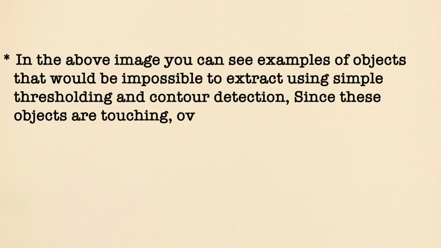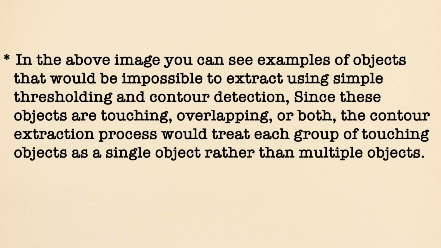In the above images, you can see examples of objects that would be impossible to extract using simple thresholding and contour detection. Why can we not extract the exact objects with these methods? Because these are typical basic methods that cannot provide the watershed lining for each and every object.